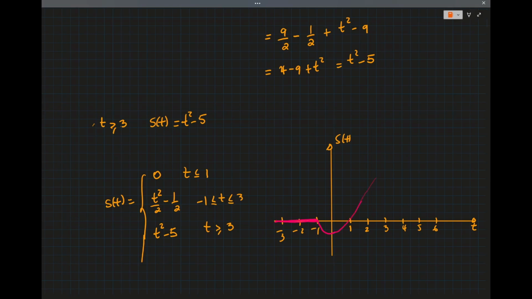When it reaches 3, it's gonna continue as another parabola. Well, it's gonna curve up, and then it's gonna continue going. So that's x of t.